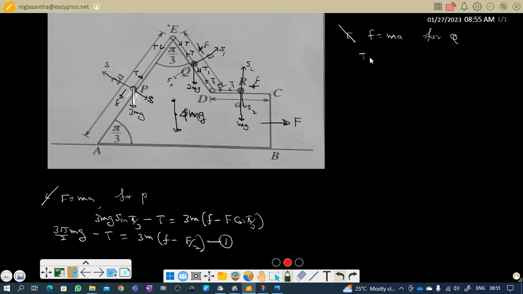Then T minus T1 minus 2mg sin(pi/3), so this angle is also pi/3, equals 2m times (f minus capital F cos(pi/3)).